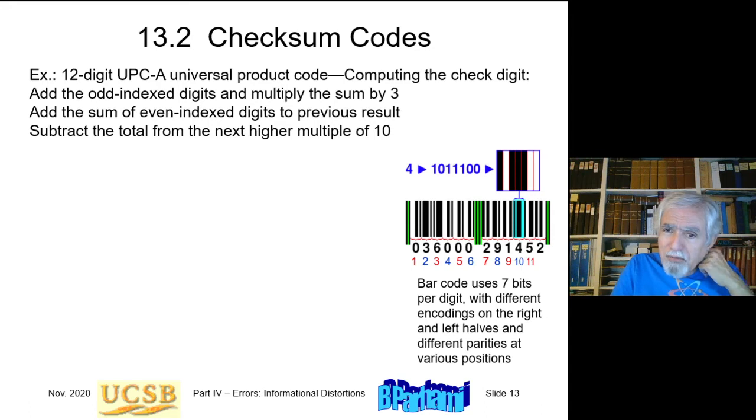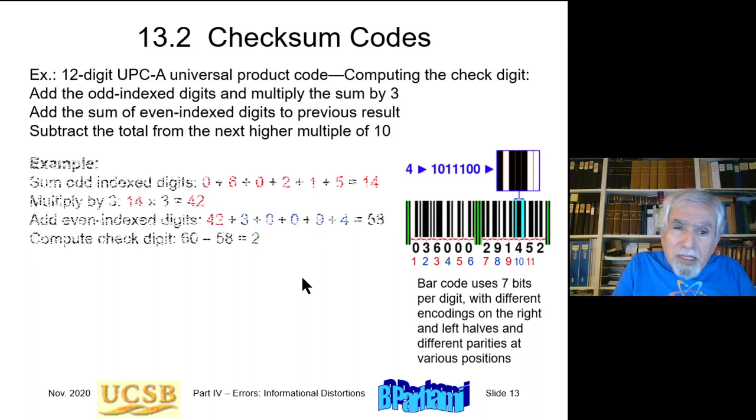And then a 12th check digit has been added. So the 12th digit includes that check digit. Okay, and the rule for adding the check digit I can tell you through an example.